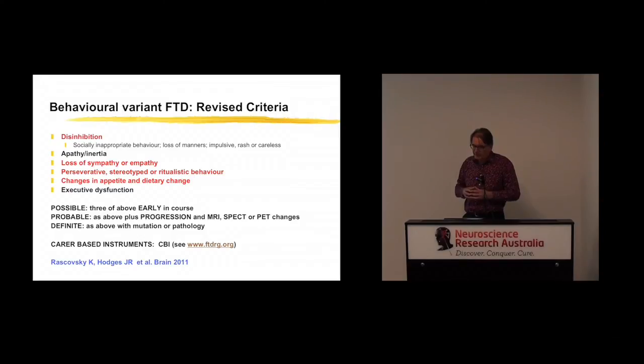And we put them into a probable category when there are these symptoms plus imaging abnormalities, and there's obvious evidence that this has got worse. We do this because there's considerable overlap between these symptoms and psychiatric disorders, and so not everybody with these symptoms evolves into FTD. And we use a range of instruments which can be found on our website.